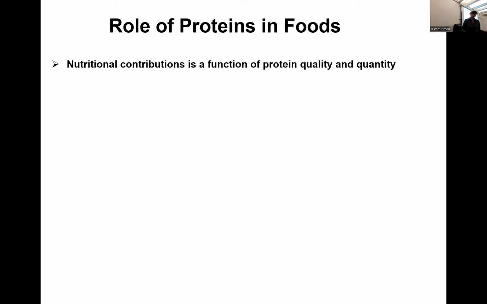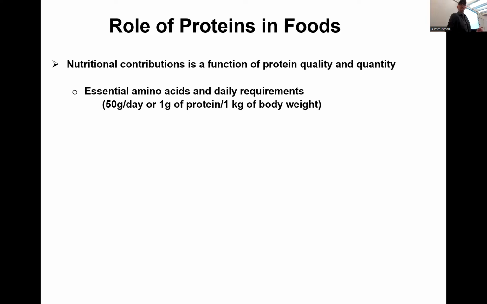So it's not only essential amino acids that we care about, but also how much protein we consume, around 50 grams per day, or 1 gram of protein per 1 kilogram of body weight. Assuming that we are 50 kilograms. No, this is a dream. So around 50 grams, a little higher doesn't hurt.